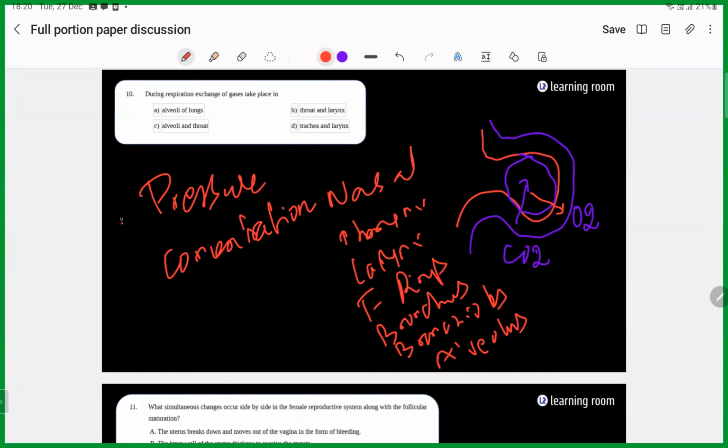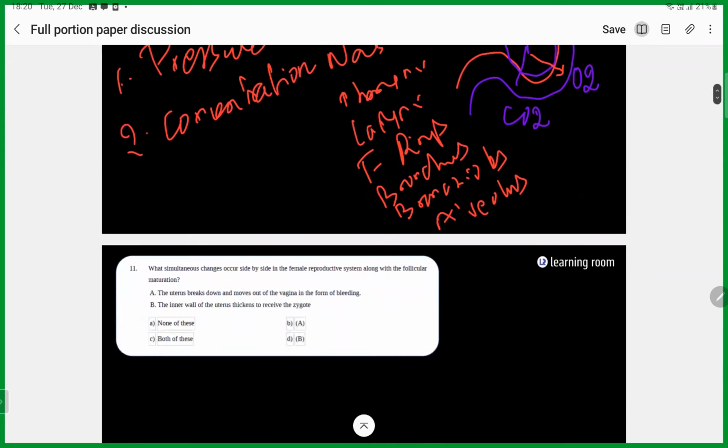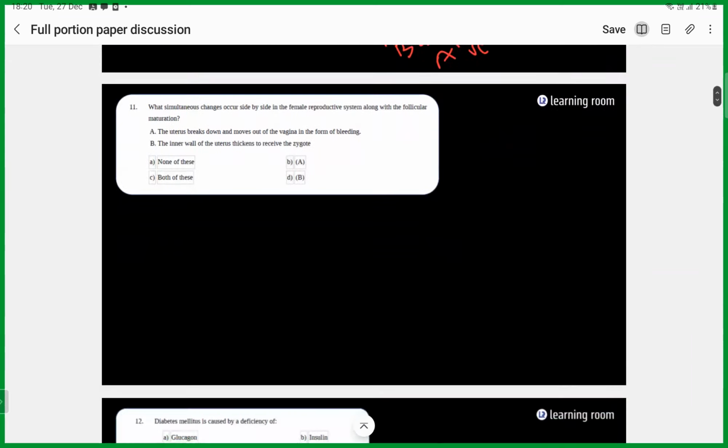These are the two factors which control exchange of gases. Okay, good. So then what is the answer?